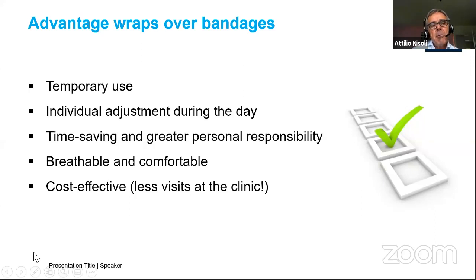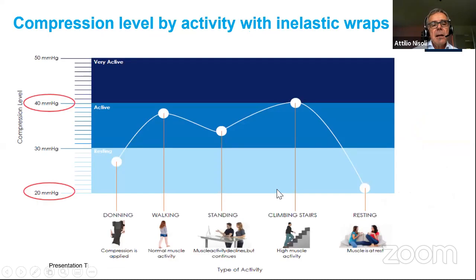So there might be an advantage with the inelastic wraps. Just to make visible again the working pressure and resting pressure, when we apply it, we have a kind of low resting pressure.